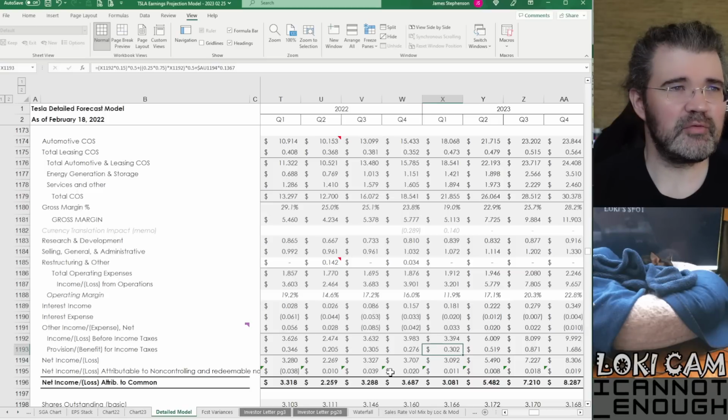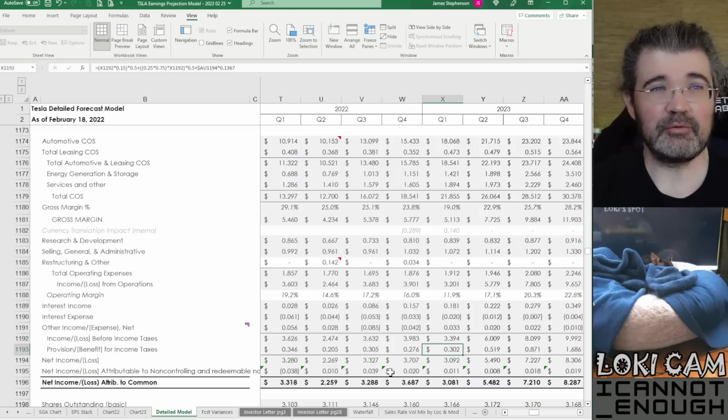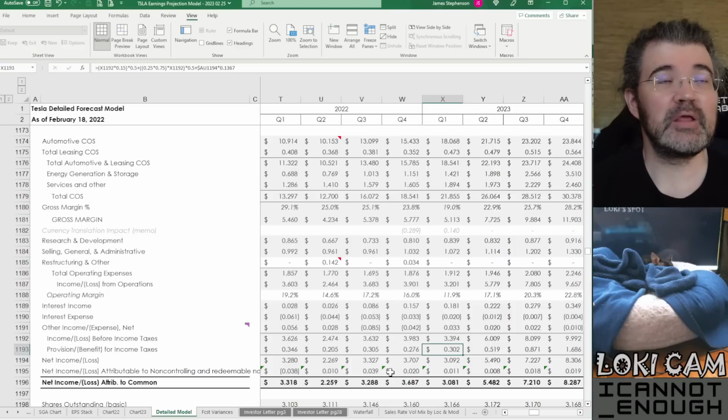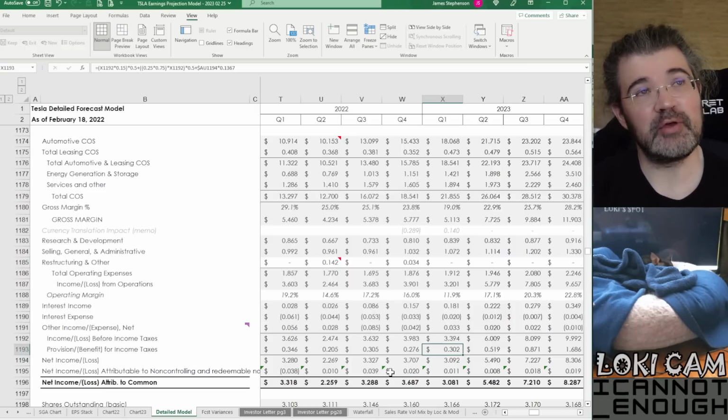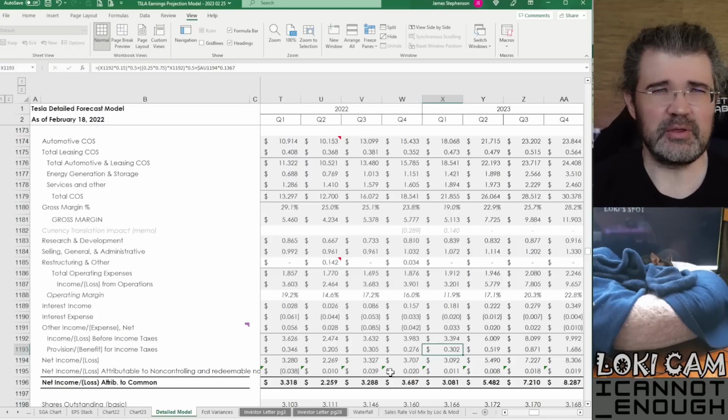Then for provision / benefit for income taxes, I've got about $300 million worth of income tax expense here, which is pretty similar to what Tesla has been paying recently. This does include some more of the deferred tax assets Tesla has been carrying for a few years now.